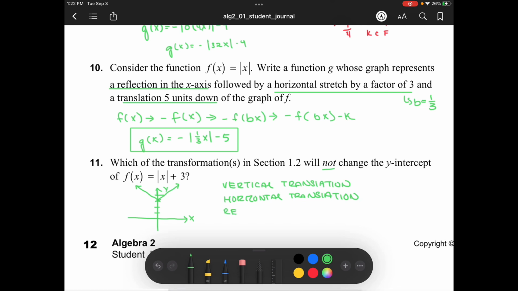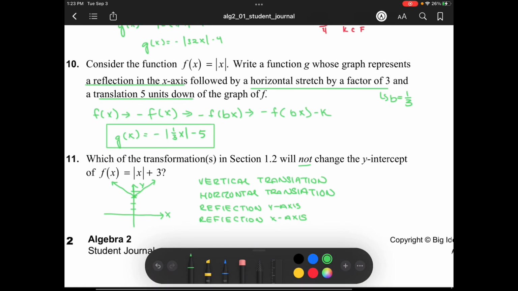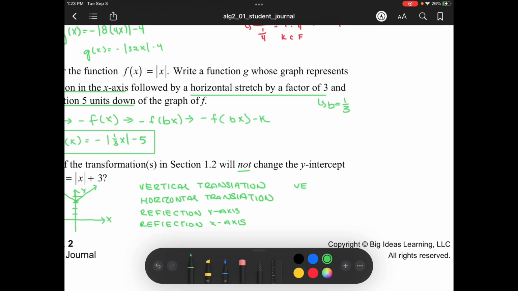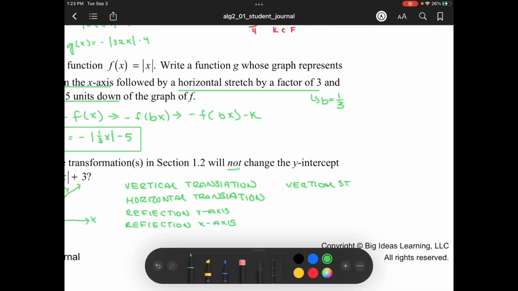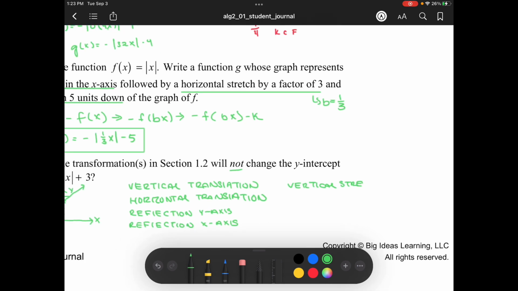We have reflection in the y-axis, and then a reflection in the x-axis. Then we could also have a vertical stretch or shrink. Or a horizontal.